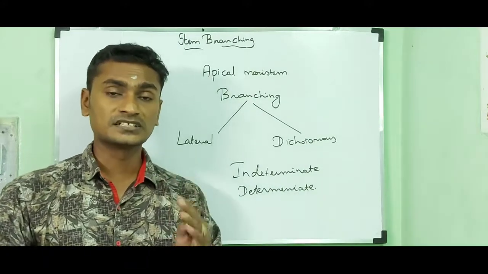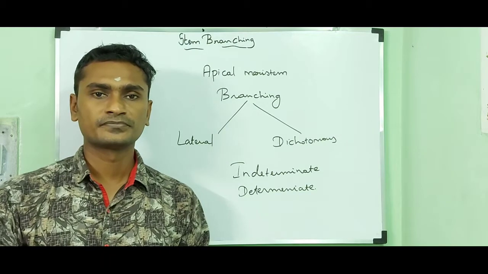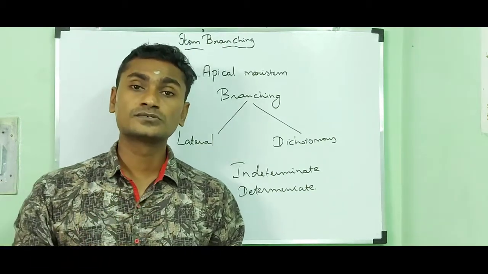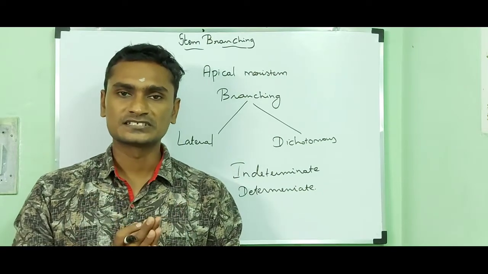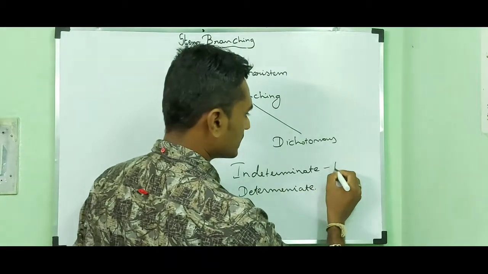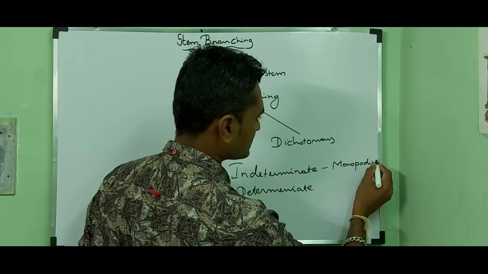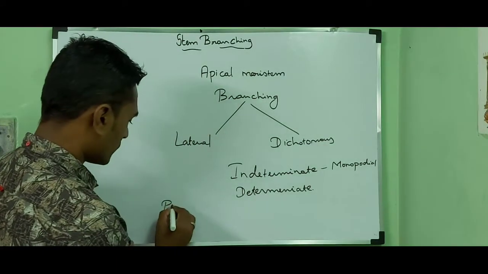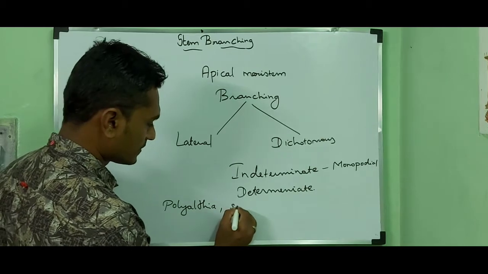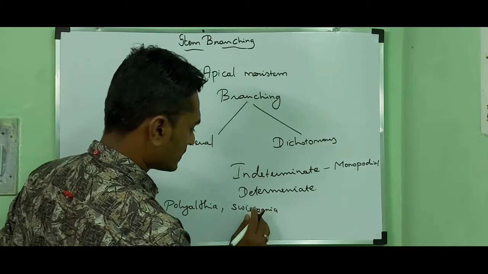Indeterminate growth means the terminal buds can grow for several years. They can grow continuously and they can give rise to several lateral branches, and this type of branching is called as monopodial branching. Example, Polyalthia, then Swietenia.